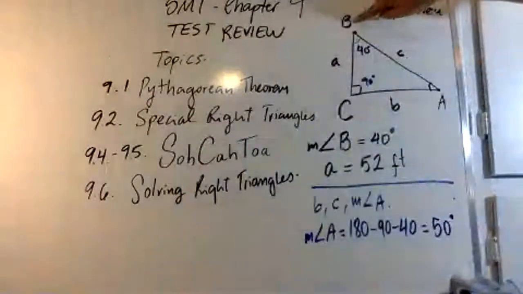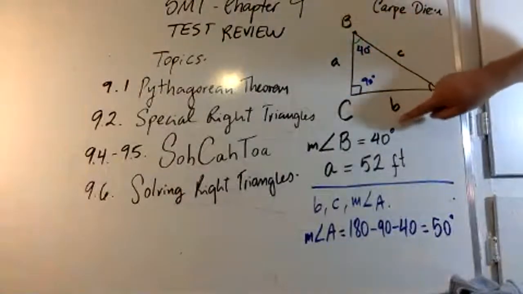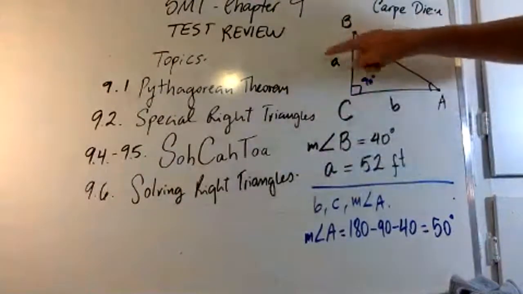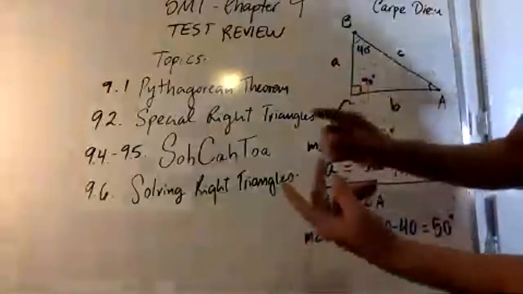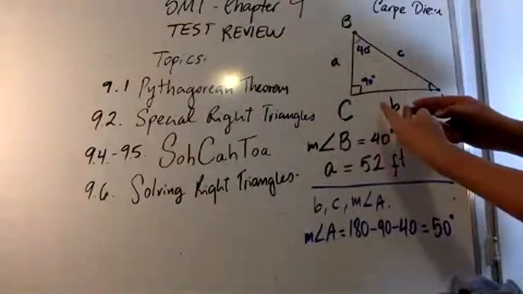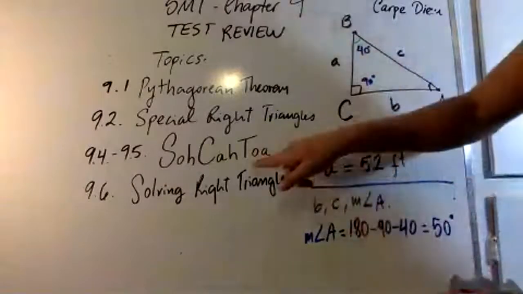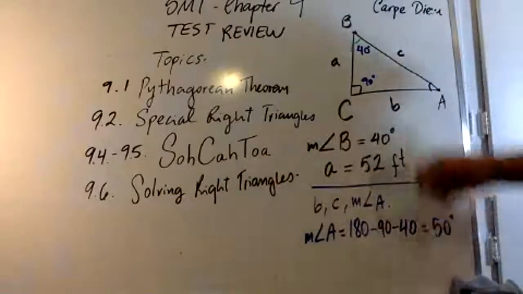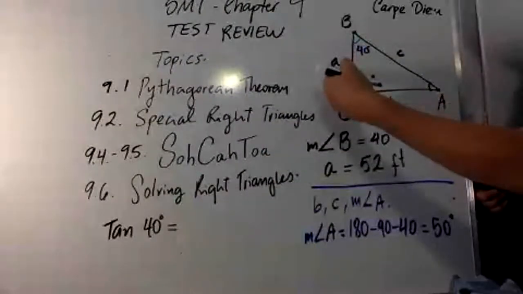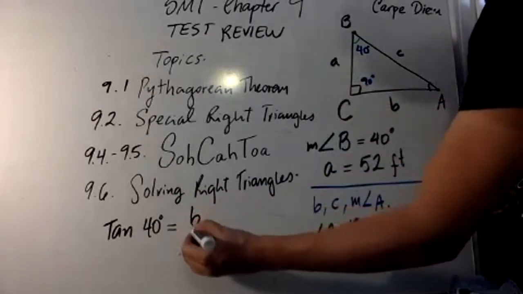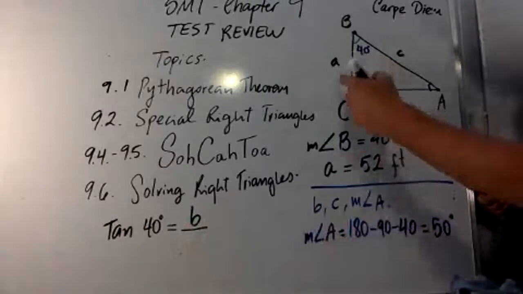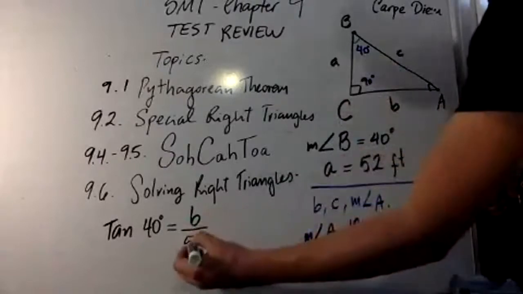So if I have the opposite segment and I have information about the adjacent segment to this, so we have adjacent, opposite, it means that we are relating tangent. So tangent of 40 is opposite over adjacent, which is B over A. B, I don't know it, and A is 52.